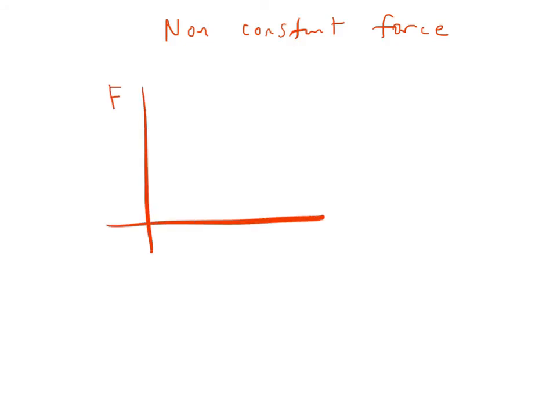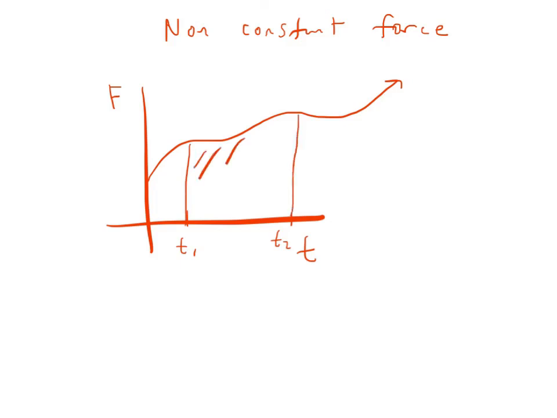Let's look at a non-constant force. So let's imagine we've got force versus time, and our force is changing over time. If we go from time 1 to time 2, what we know, given our recent understanding, is that this integral, or the area underneath the curve, corresponds to J, or impulse.